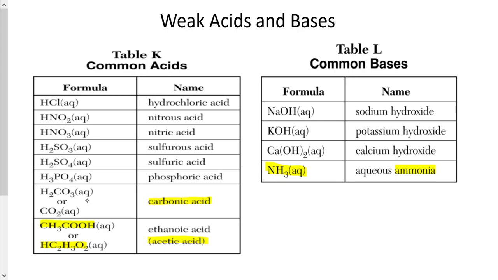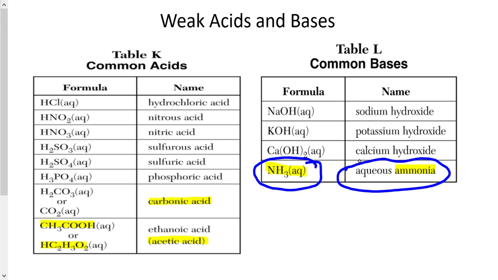So we are going to talk briefly about weak acid and bases in terms of Regents exam. We're not going to talk about it in depth. One thing you need to know is NH3, the last one from table L, is a weak base.